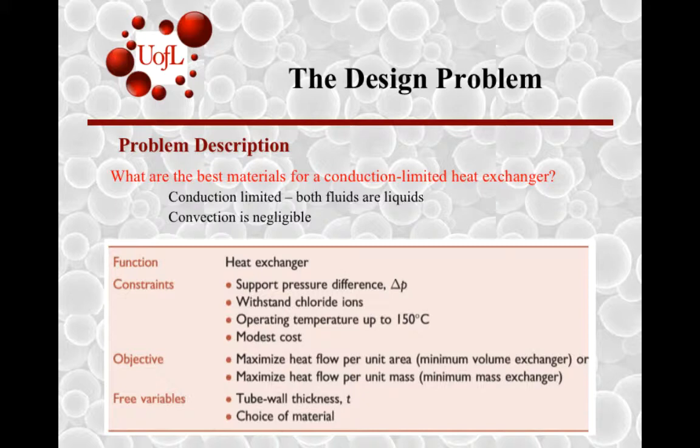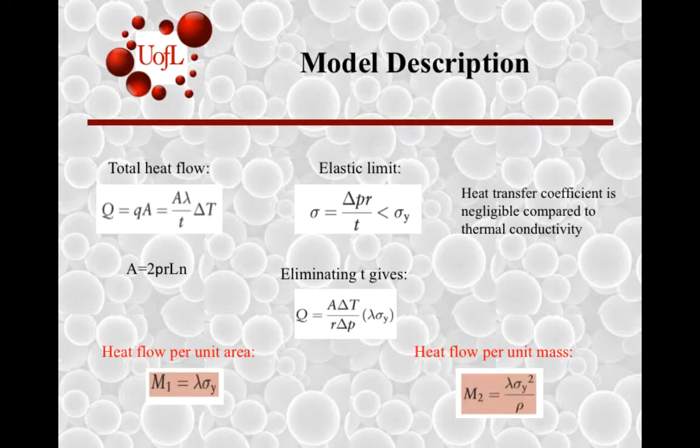So all that said, the equations being used are for the heat flow, which is area times the thermal conductivity of the material over the thickness, times the temperature difference. And then you have the elastic limit, which relates the difference in pressure, the radius of the tube, and the thickness.